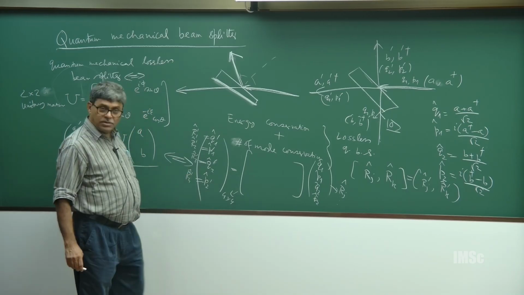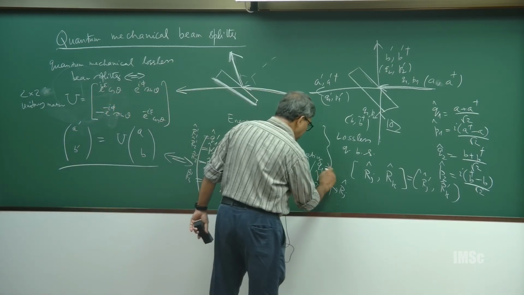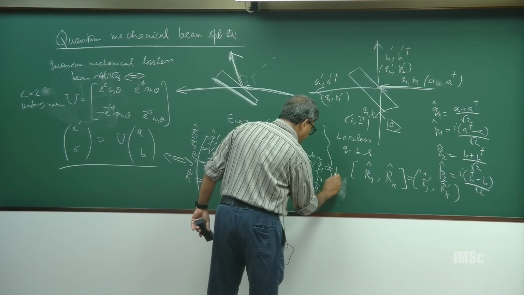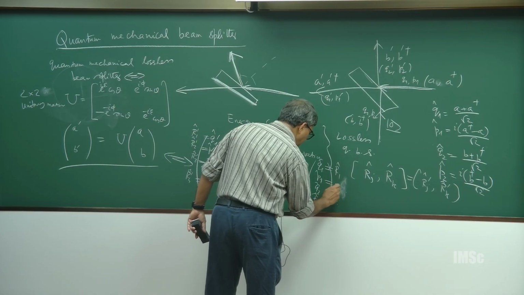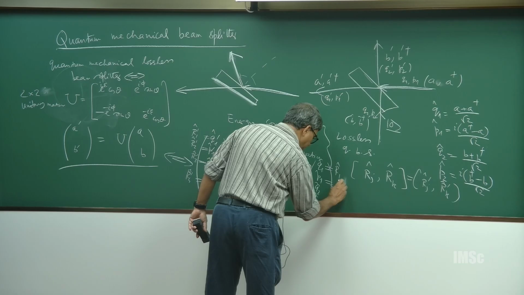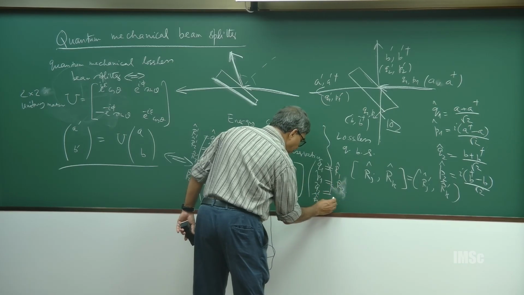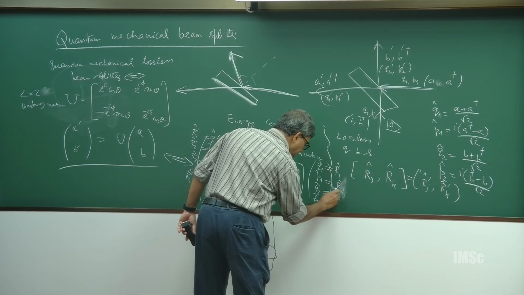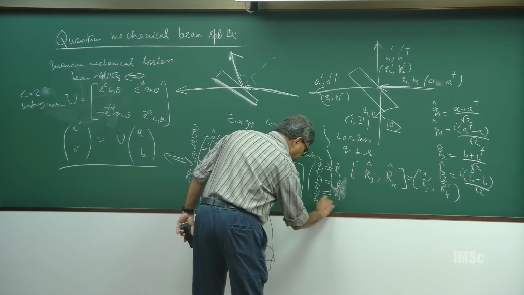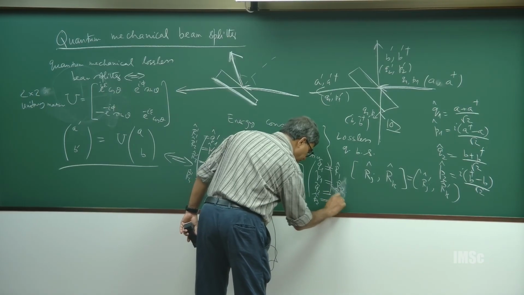Okay. So Q1 hat is equal to R1 hat, P1 hat is equal to R2 hat, not prime, and Q2 hat is equal to R3 hat, and P2 hat is equal to R4 hat.